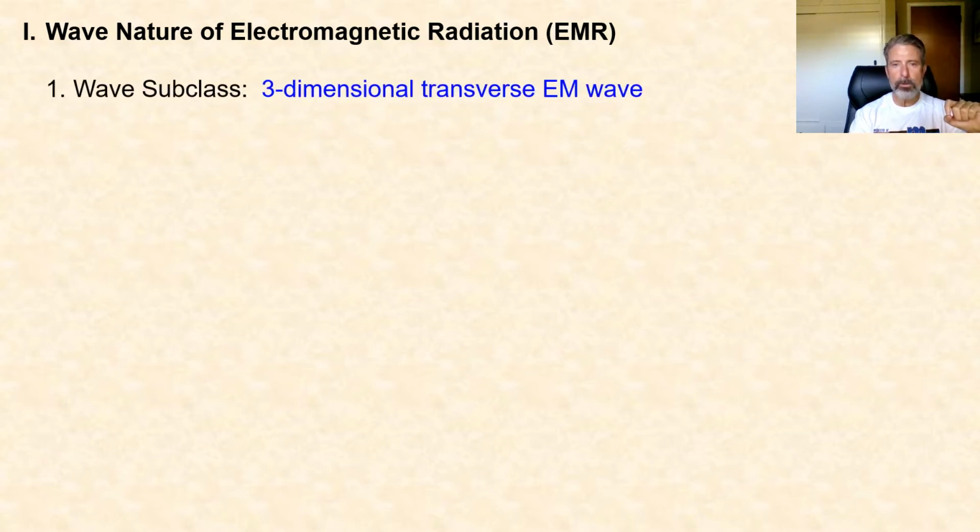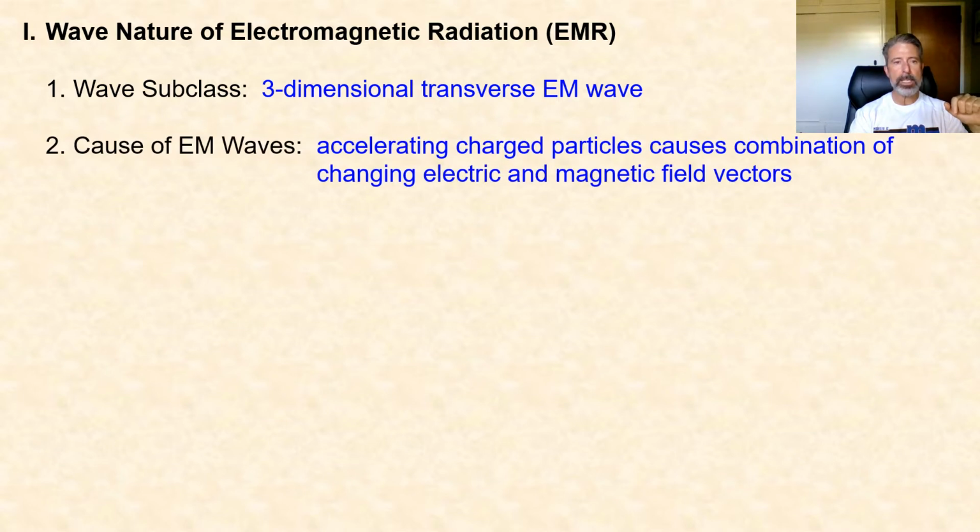It turns out that electromagnetic waves, by their very nature, are transverse waves, three-dimensional transverse waves. And although they don't require a medium for propagation, when electromagnetic waves do travel through matter, they displace the charged particles in the medium, like electrons, in a transverse direction, perpendicular to the direction in which the wave energy travels. More on that in a bit.